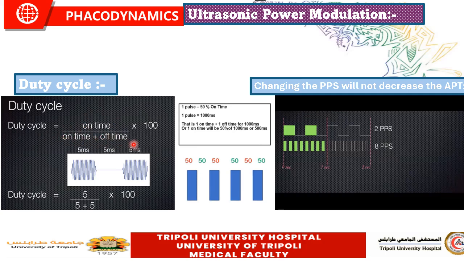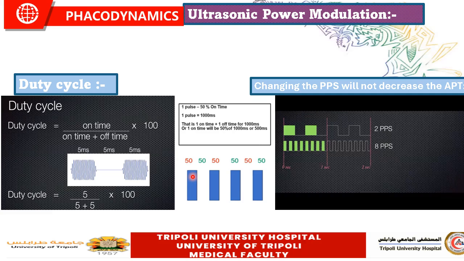This is the duty cycle. So if I say that the duty cycle is 20%, for example, it means that the on time is 20% of the time, and the whole duration of the pulse is 100%. So 20% only on and 80% is off. When I say the duty cycle is 70%, it indicates that 70% is on and 30% is off. This is the meaning of duty cycle.